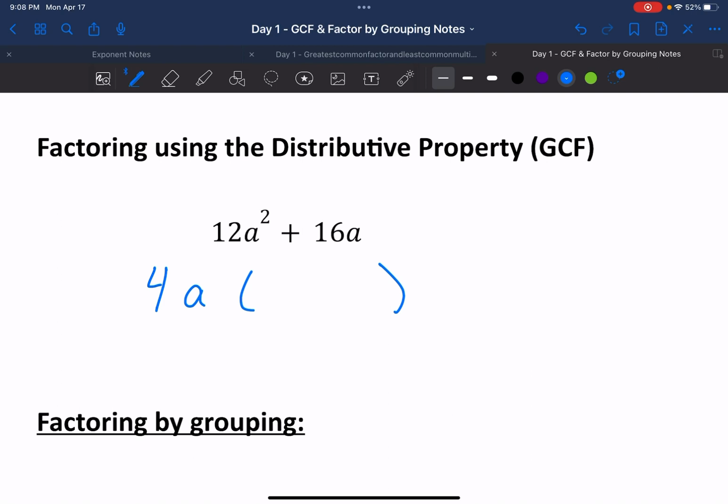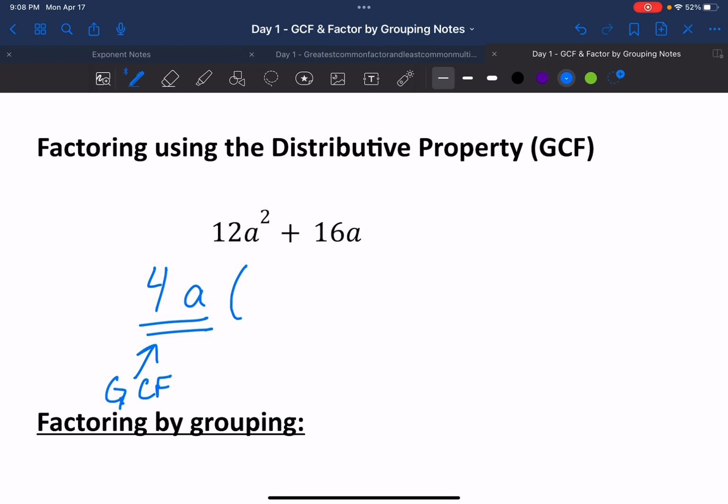But I want to know what's left over. So this is why I drew my parentheses here. Let me redraw that. So I figured out my greatest common factor is here. If you need to draw yourself a note, write GCF, and it goes outside of your parentheses. But now I need to know what's left over.